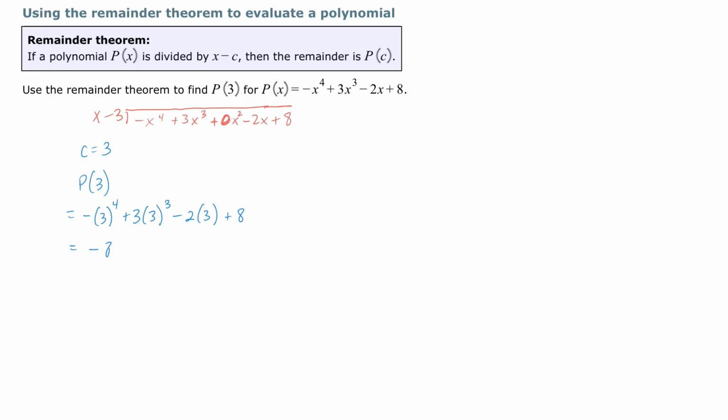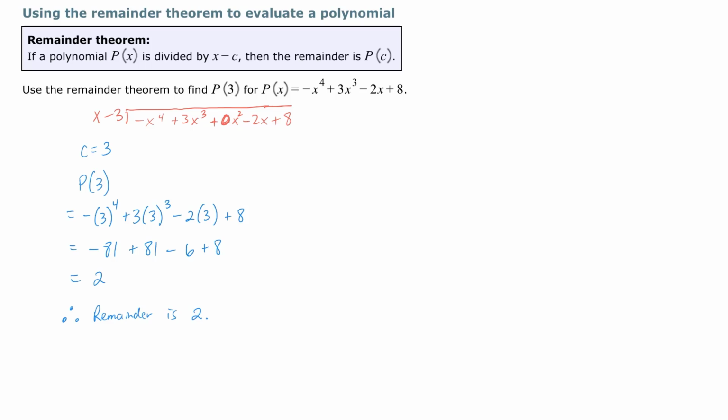So this is the opposite of 81, and then this is plus 81, and then I subtract 6 and a plus 8. Notice we get a positive 2. So the remainder here is 2. Therefore, the remainder is 2.